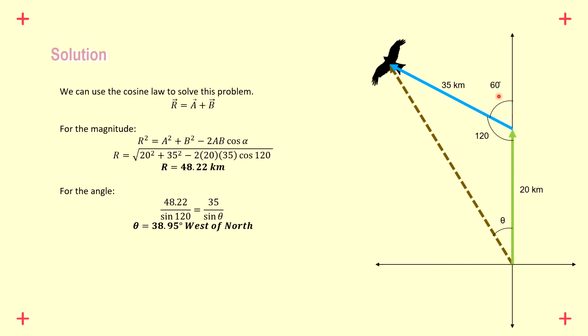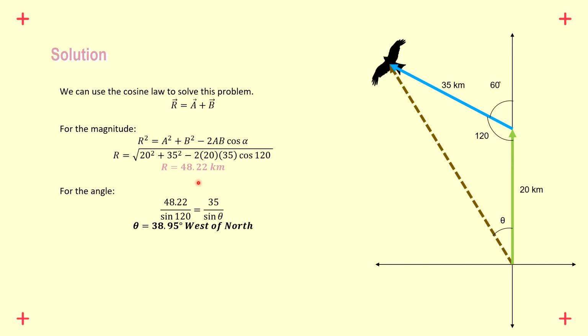Using the cosine law, r squared is equal to a squared plus b squared minus 2ab cosine alpha, in which alpha is 120. So r is equal to the square root of 20 squared, the green arrow, plus 35 squared, the blue arrow, minus 2 times 20 times 35 cosine 120, and that gives us the resultant, which is 48.22 kilometers. So that is our magnitude.